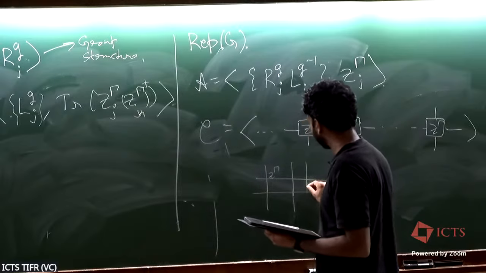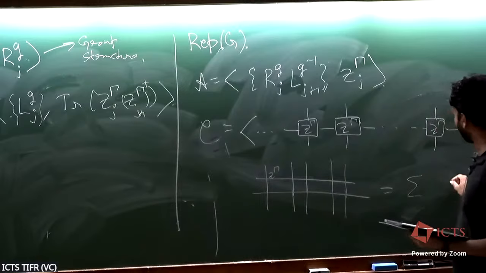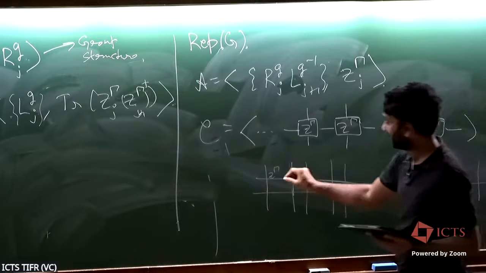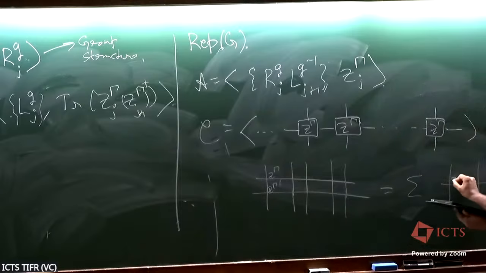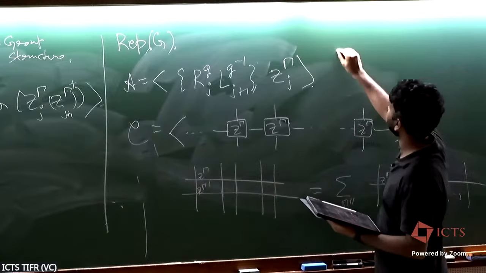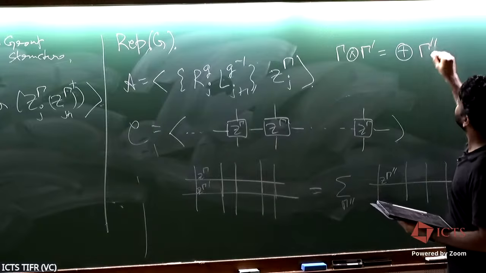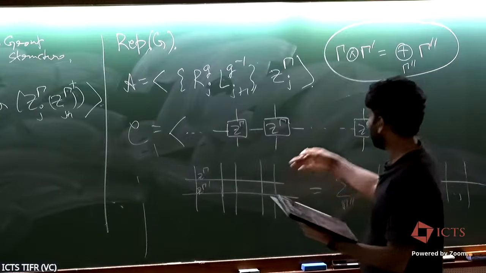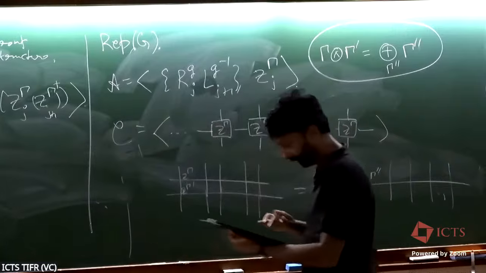If I take two of these MPOs, there is some way of truncating this, so you can write this as a sum of different MPOs. Suppose this is Z gamma and this is Z gamma prime, this is some Z gamma double prime, which is summed over. Depending on the fusion rules, I can get these kinds of non-local or matrix product operators.